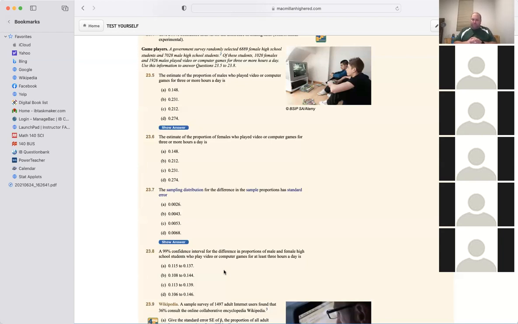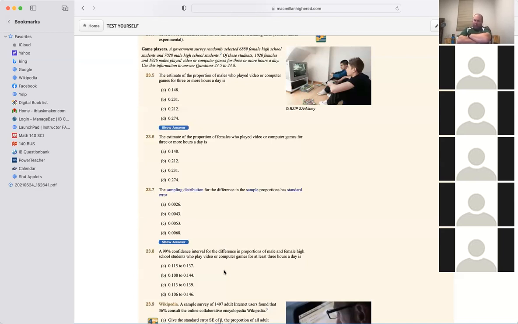Z star times the square root of P times 1 minus P over N plus 4. That's the margin of error equation. It depends if we're using a large or a small sample, but I think here it is large, so it's over N.